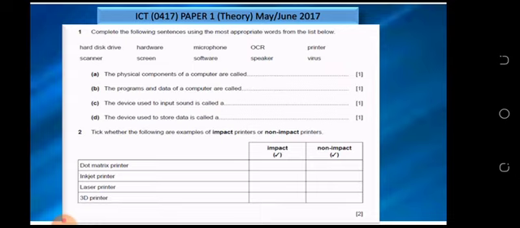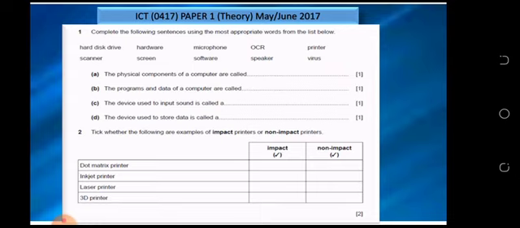Then you can see all the words given: hard disk drive, hardware, microphone, OCR, printer, scanner, screen, software, speaker, and virus. So A, the physical components of a computer are called dash. That is 1 mark.